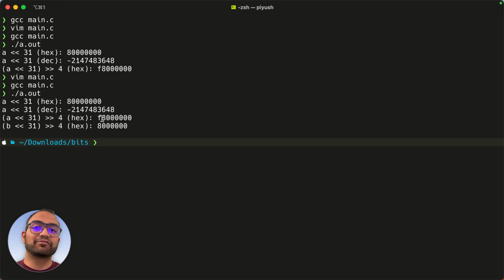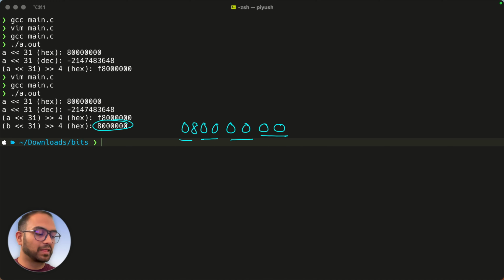Instead of being F8, you see that there is one less F here, which means there's a 0 on the left side of 8. So now you notice that instead of being F, it's 0.